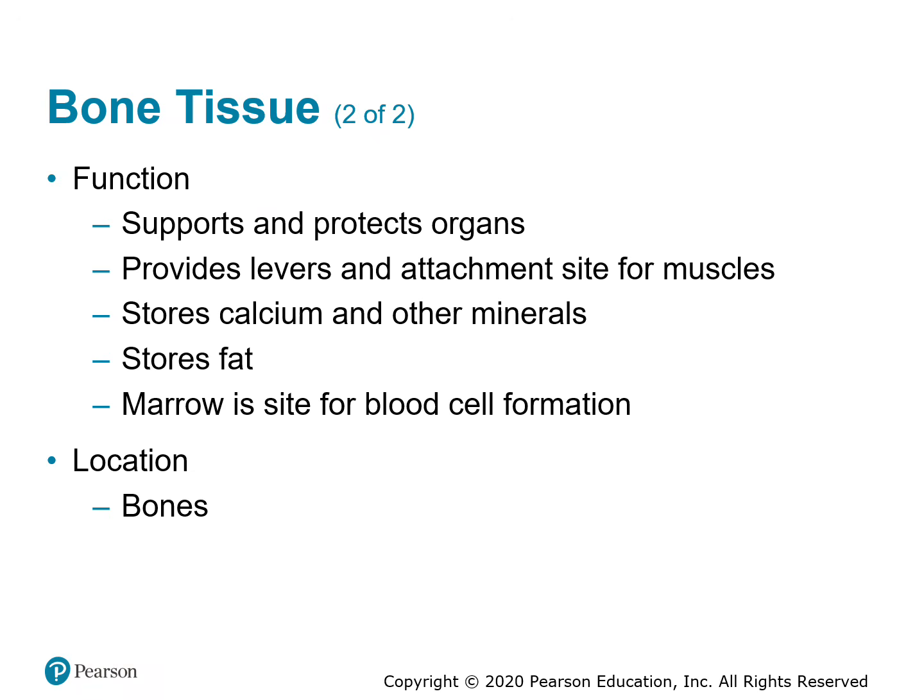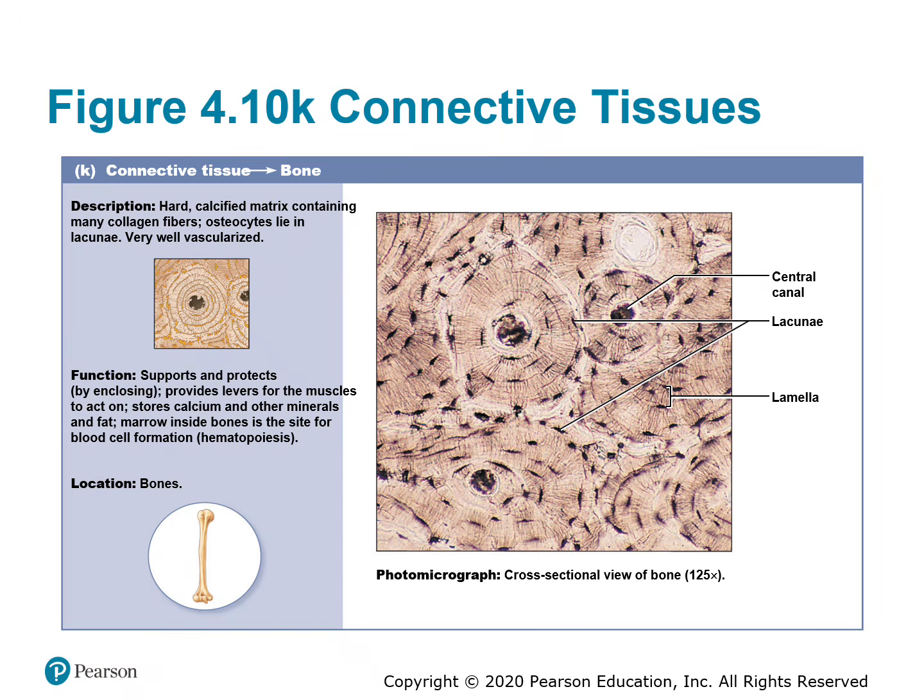Where are you going to find bone tissue? In your bones. This is what bone tissue kind of looks like. So you can see that osteocyte hanging out in there. It's there, promise. And there are these central canals.